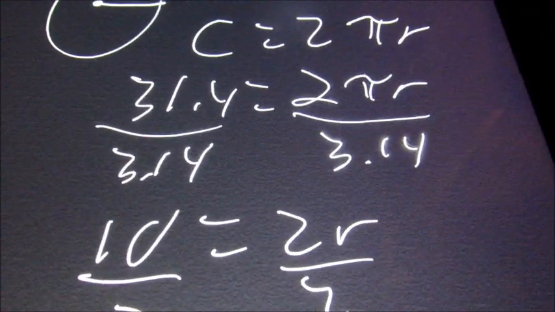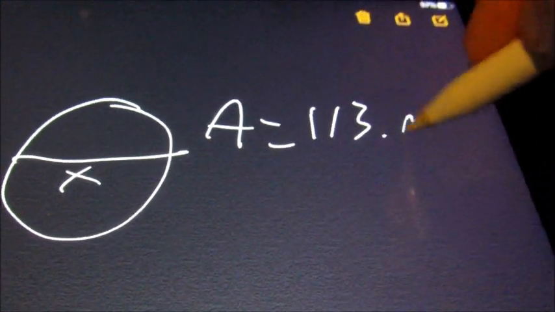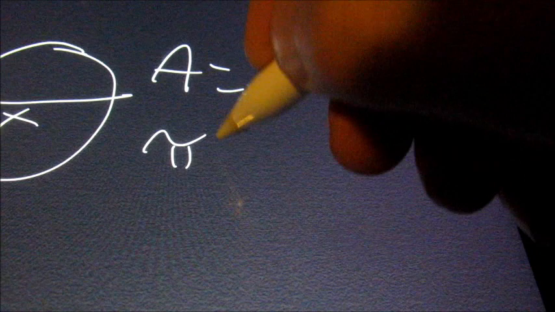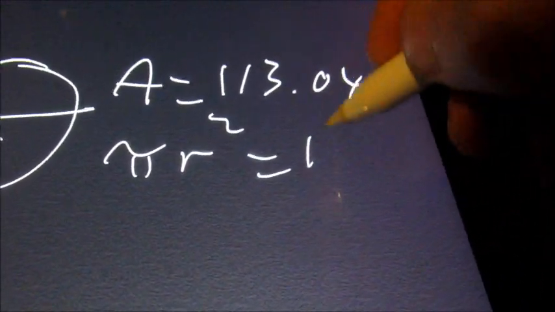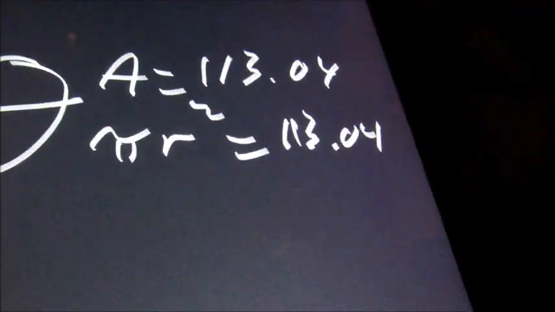Makes it easier. Next, let's say that you need to find the diameter, and that the area equals 113.04. So you're going to use pi r squared equals 113.04.